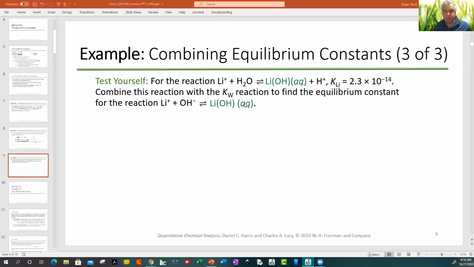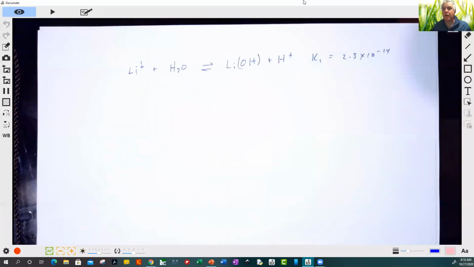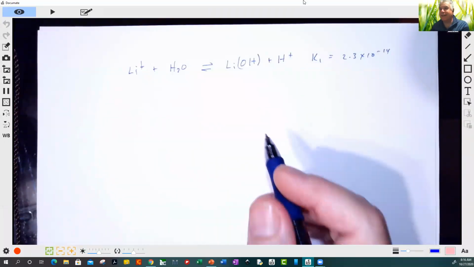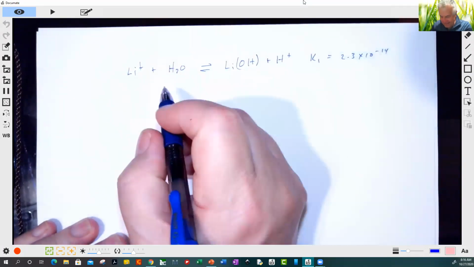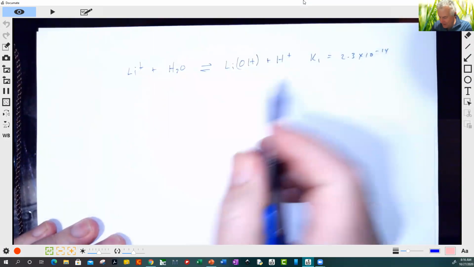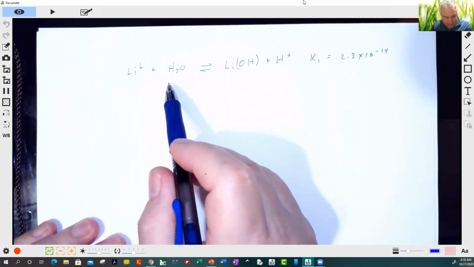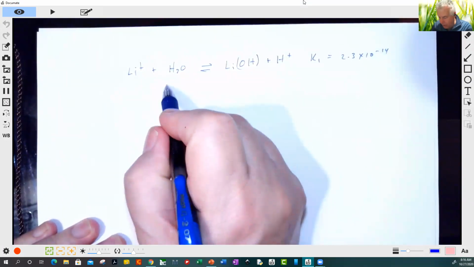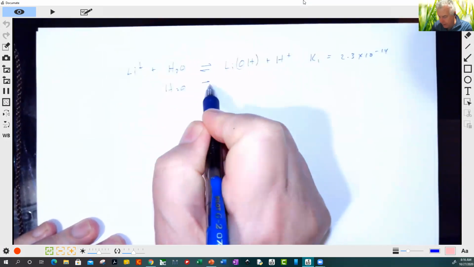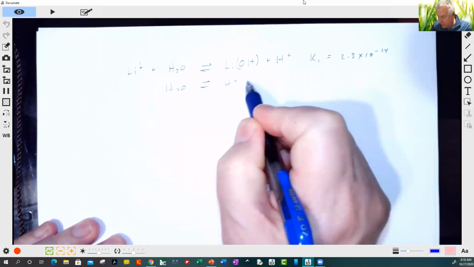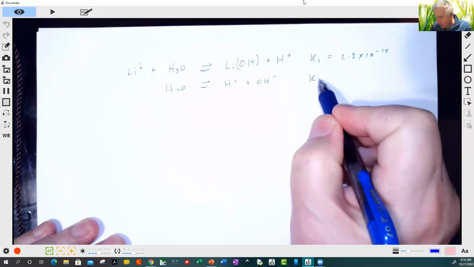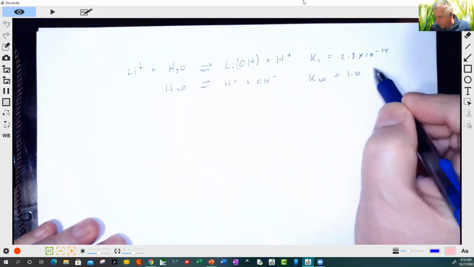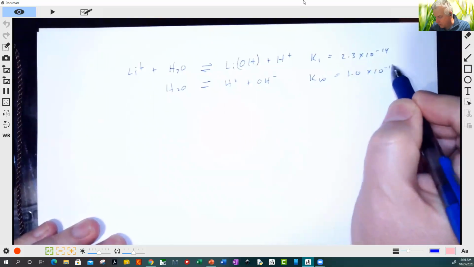Now we know water, H2O, makes H plus and OH minus. This is KW, and that's equal to 1.0 times 10 to the minus 14, right?